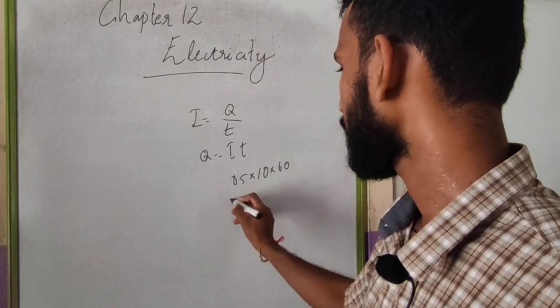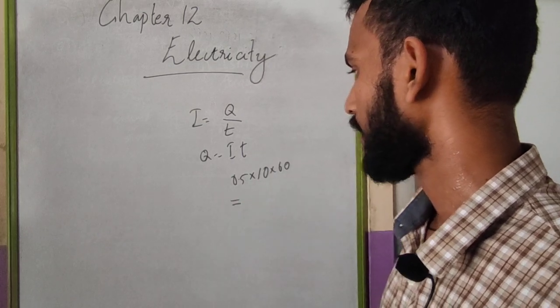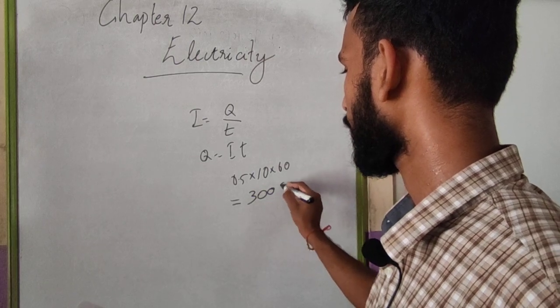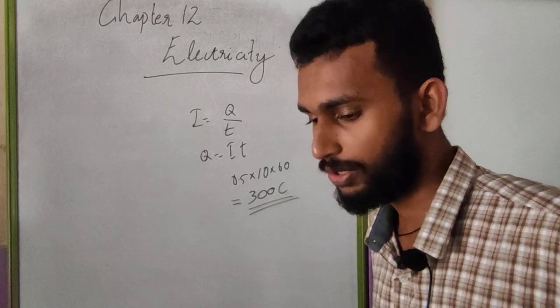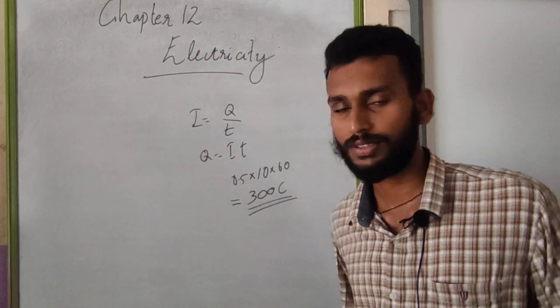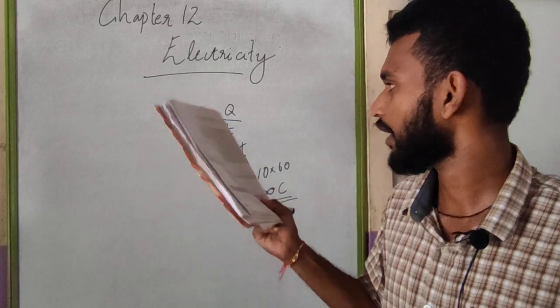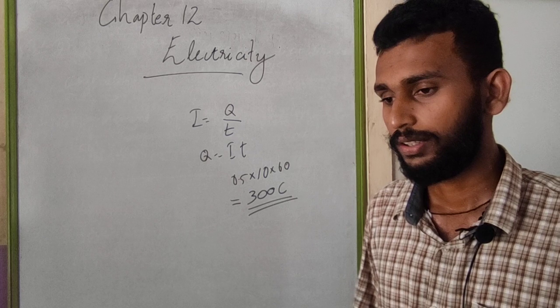So the answer will be 600 into 0.5, that is half of 600, that is 300 coulomb. Okay, 300 coulomb. Likewise, questions may be asked in the examinations, simple questions where you directly have to substitute the values in the equation.